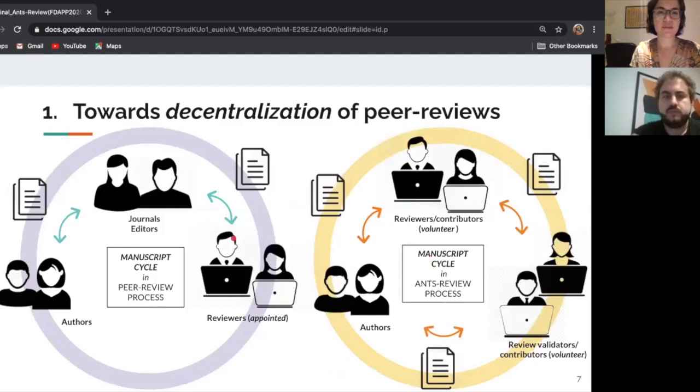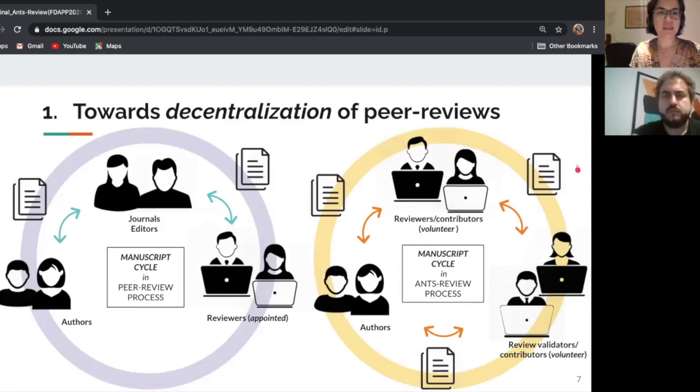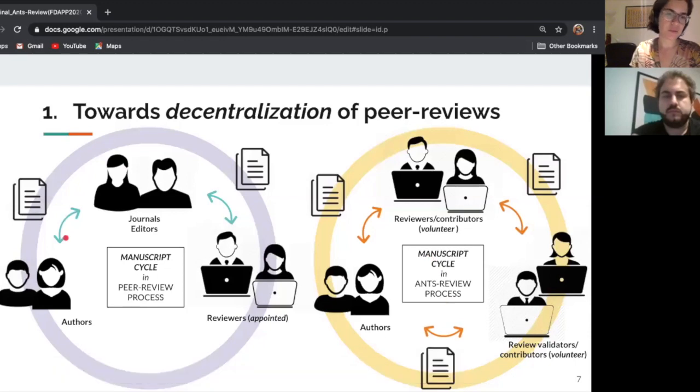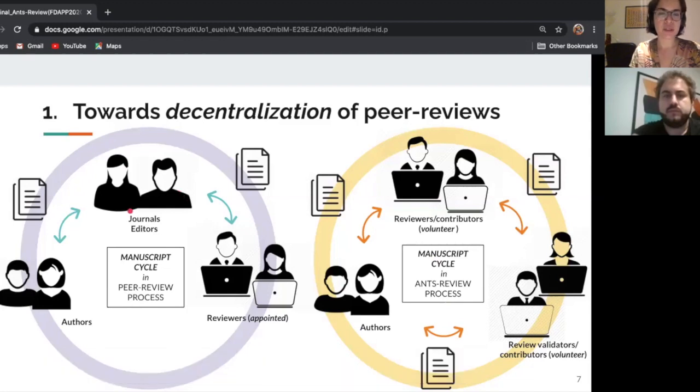Here we can see the difference between a centralized peer review system and a decentralized one, which is the one we propose. In the centralized system, the authors submit their manuscript to the journal's editors, which hand the manuscript to the appointed reviewers. And in this system, the trust is in the hands of the journals, which guarantee that the process is not corrupted.